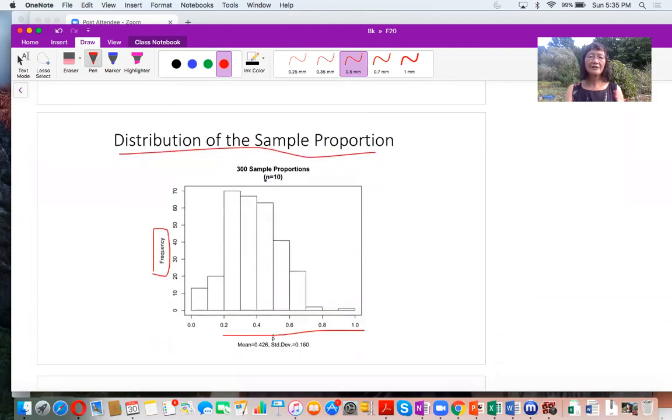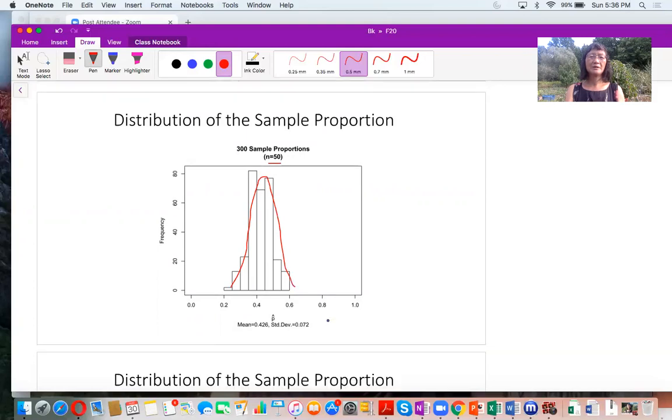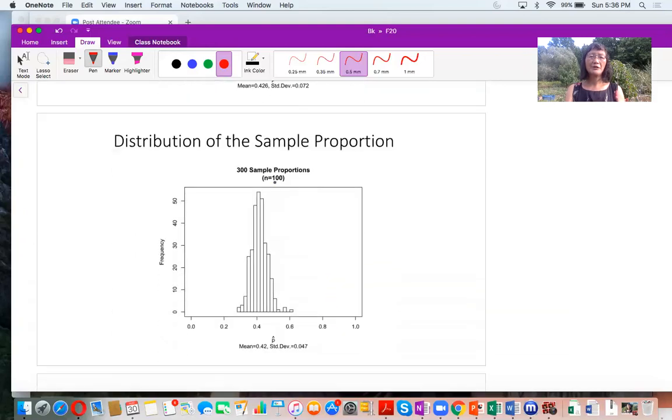So this is the result when sample size equals 10, and we get this distribution, not bell-shaped, a little bit skewed to the right. When sample size equals 50, approximately bell-shaped. And when sample size equals 100, it is closer to approximately bell-shaped.